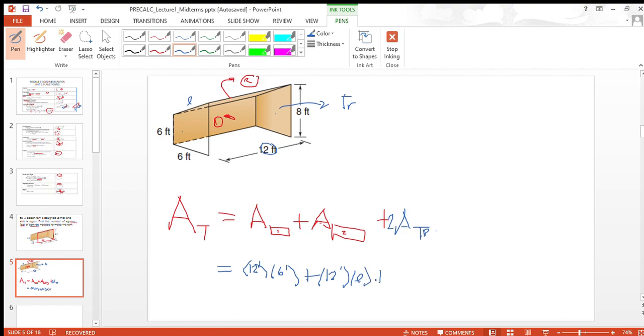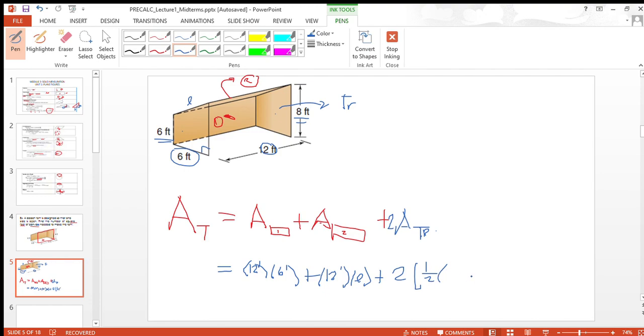And then for the trapezoid, what's the formula for a trapezoid? One-half times the sum of the bases times the height. So this is obviously a 90-degree angle. Therefore, 6 will serve already as the height. 6 feet is one of the bases, and 8 feet is the other base. Therefore, this will be 2 times 1/2 the sum of the bases.